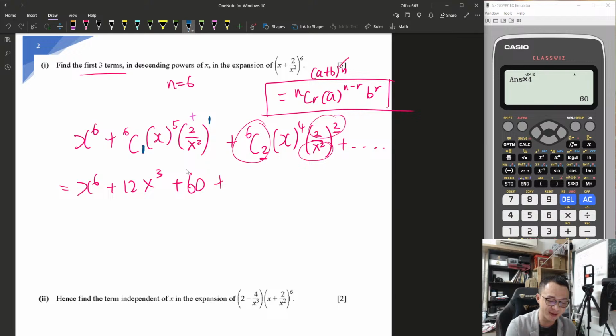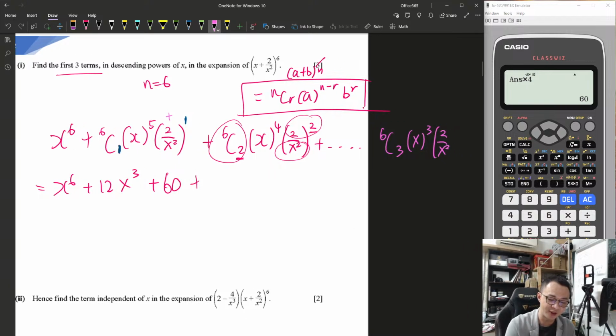The next term is basically 6C3, and then x power of 3, and then (2 over x squared) power of 3. So if I expand this one, it should be 6C3 times 2 power of 3, which is 8. So this one will be 160. This is x power of 3, the bottom is x power of 6, so it's over x power of 3. Do you see that? I can expand all the terms if I want.